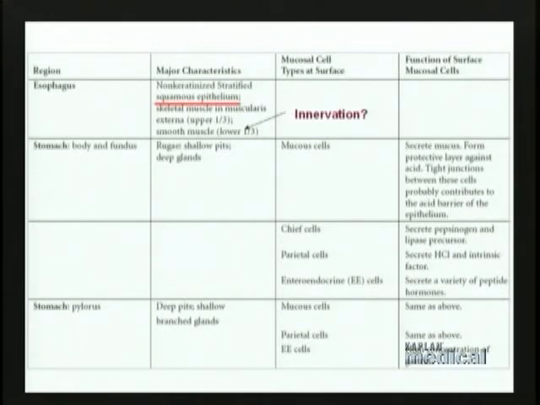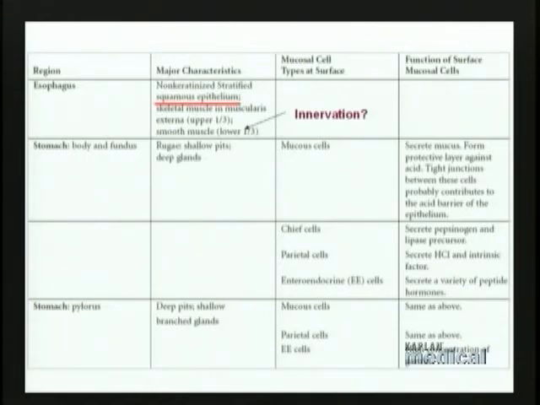Parietal cells are found in a variety of locations, both near the luminal surface and more deeply placed. Their major job certainly is to produce hydrochloric acid, but their other major secretory product, which is essential for life, which enables the absorption of vitamin B12 from the terminal part of the ileum, is intrinsic factor. And then certainly there are going to be a variety of enteroendocrine cells that are populating these gastric pits.